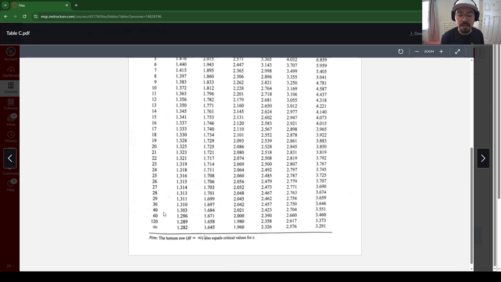So beyond 30, 40, 60, 120, the differences between these critical t values would be so small that it'd be really splitting hairs. And so there's no actual value in demonstrating to you what the difference between 30 and 31 is, or between 40 and 50, or between 60 and 100.